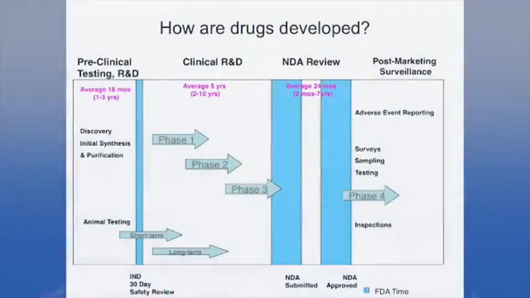Before we can actually test drugs on humans, we have to get the permission of regulatory bodies. In the US, that's the FDA. Every blue line on this slide represents direct interaction with the FDA throughout the phase of drug development. The FDA gives permission for the investigators to start testing the drug in humans.